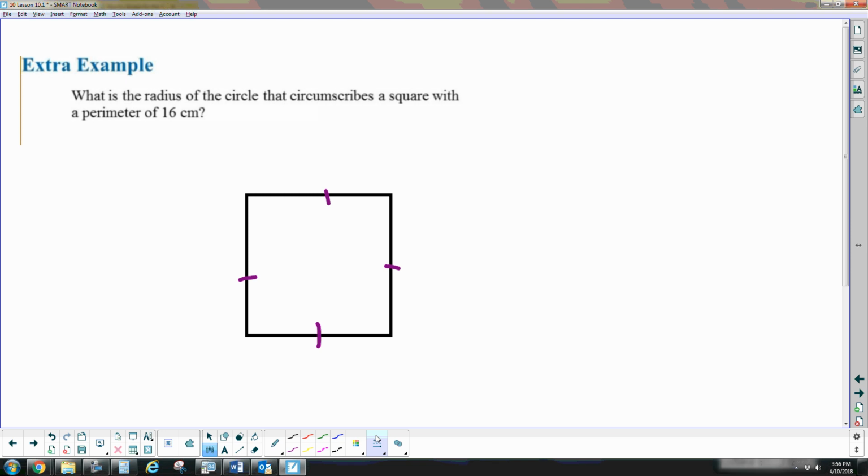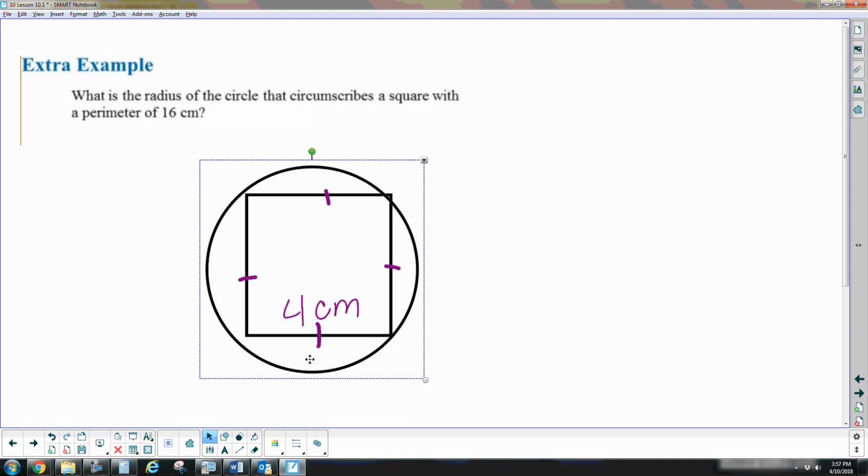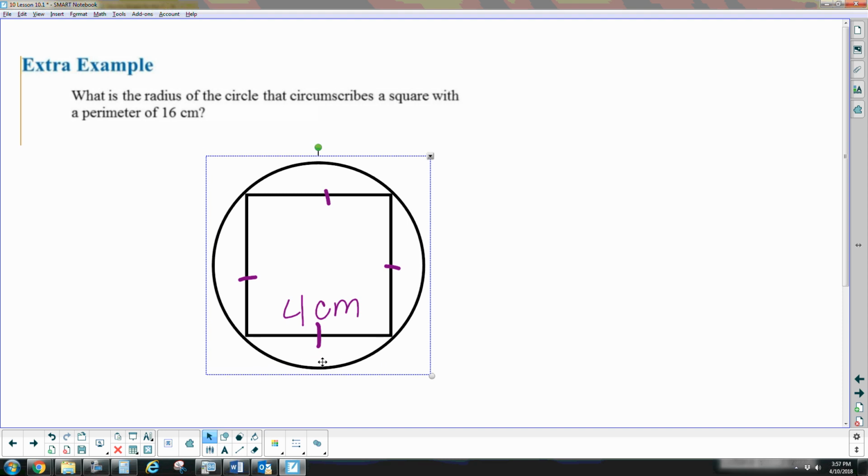And all of these sides added up together are 16. So we know that one of these sides is 4 centimeters. And the second part of this is that we're looking for a circle that circumscribes this square. So a circle that circumscribes this square will go around the outside of the square. It'll touch all corners of the square.